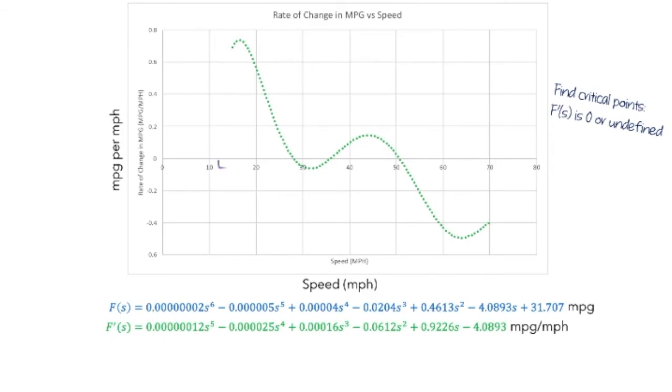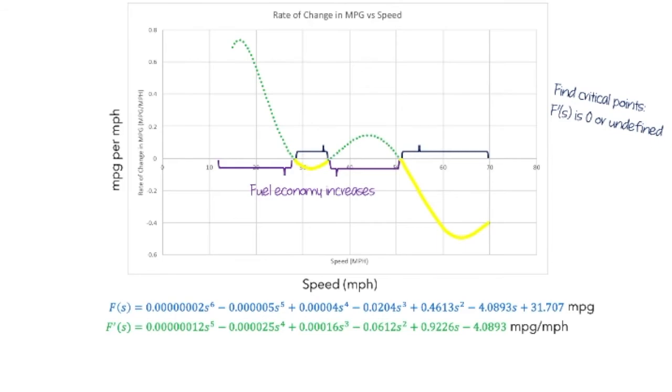Here are the values of s for which f prime of s is positive. So if you are traveling at one of these speeds, each additional mile per hour will increase the fuel economy. Here are the values of s for which f prime of s is negative.